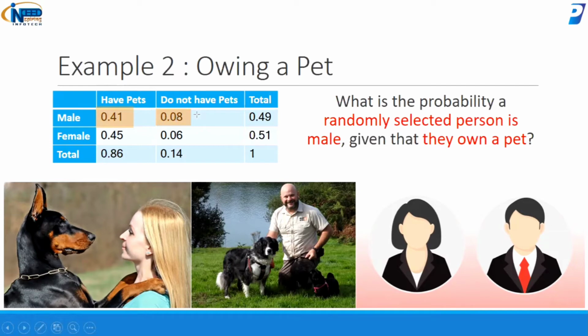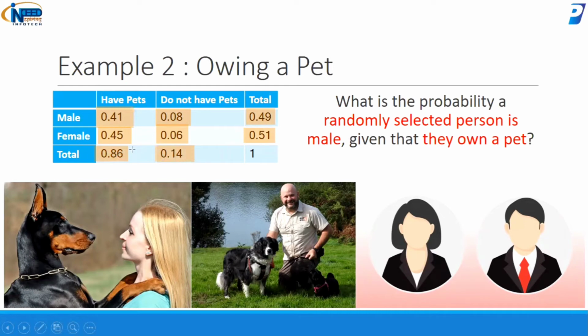So the total number of males is 49%. Similarly, females who own a pet are 45%, and 0.06, that is 6%, do not have a pet, so the total number of females is 51%. The total number of people who have a pet, irrespective of male and female, is 86%, and only 14% do not have a pet.